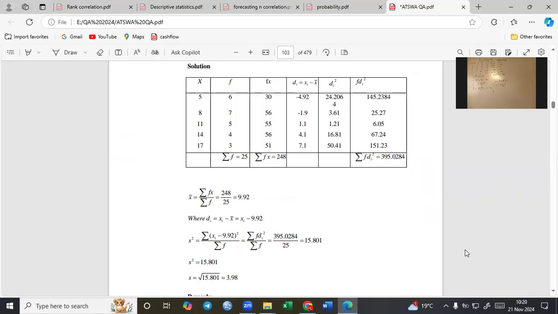Now, sometimes you can use this formula, which is the same. Variance is the summation of f d squared over n, but d squared is equal to x minus mu squared. We can also use that one. You can always use that formula if you want.